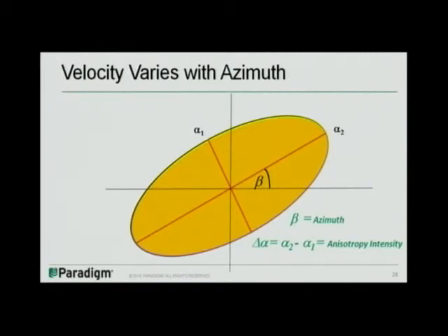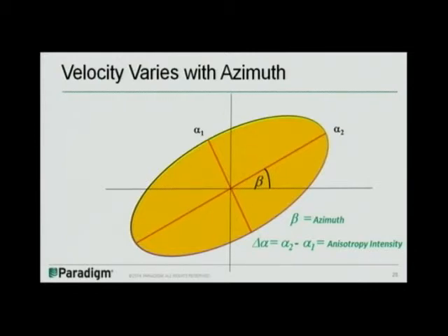Now, the azimuthal anisotropy, the way it expresses itself in the velocity, in the change in velocity, is with an ellipse. So when we look at the data and we look at the curvature of these events, we can fit an ellipse to this data. The difference between this axis and this axis will tell us the intensity of the anisotropy.